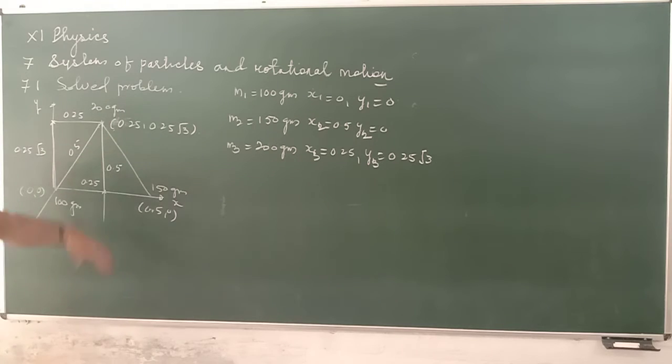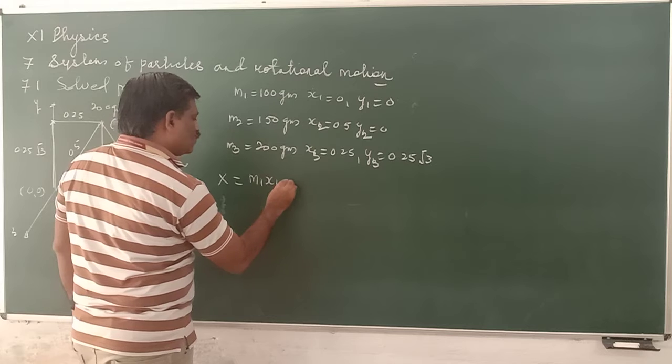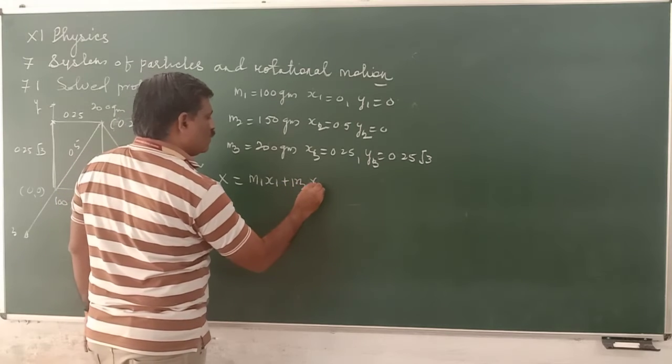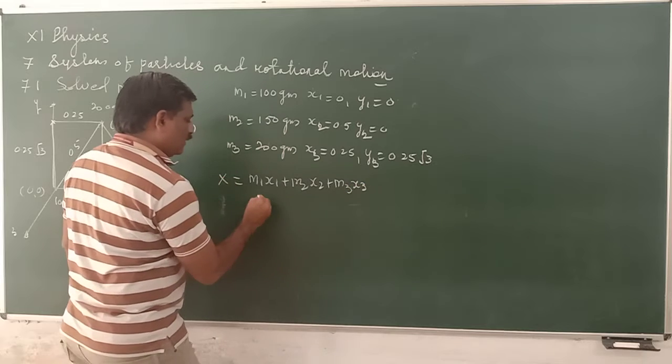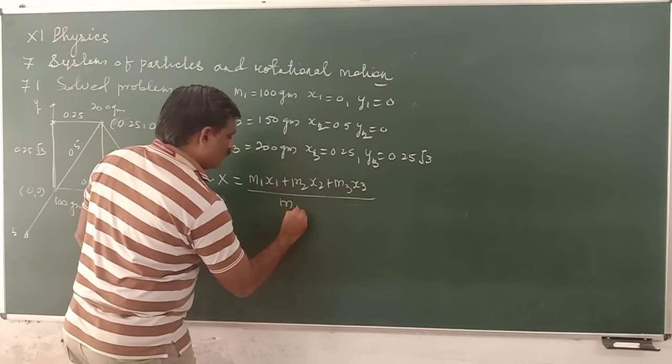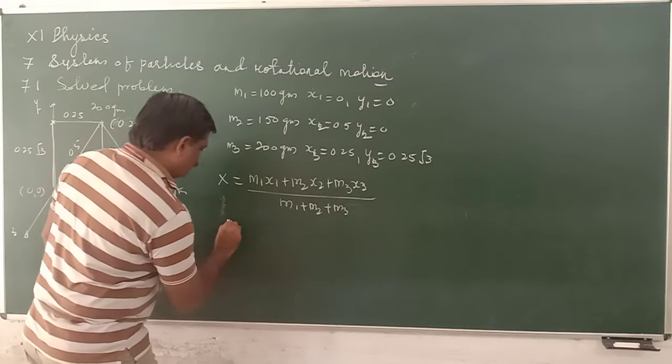Now x is equal to M1 x1 plus M2 x2 plus M3 x3 divided by M1 plus M2 plus M3.